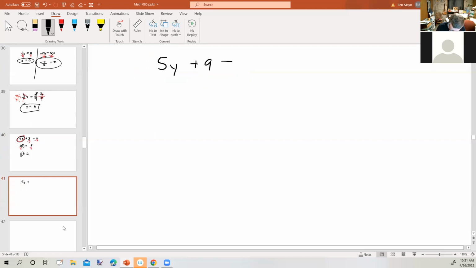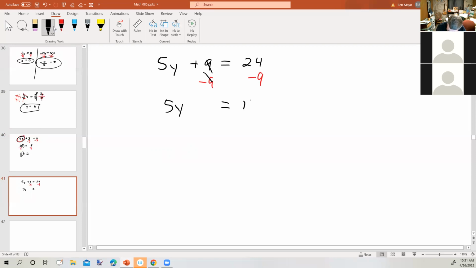5y plus 9 equals 24. So what would we do first? Anybody? Minus 9. So we've isolated the variable term. And then what would we do? Divide by 5.